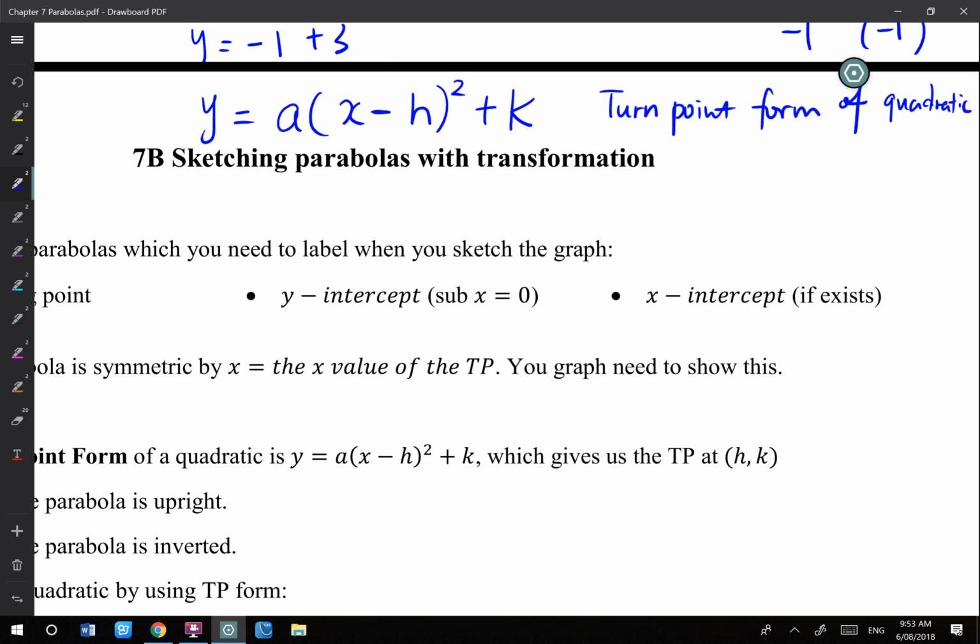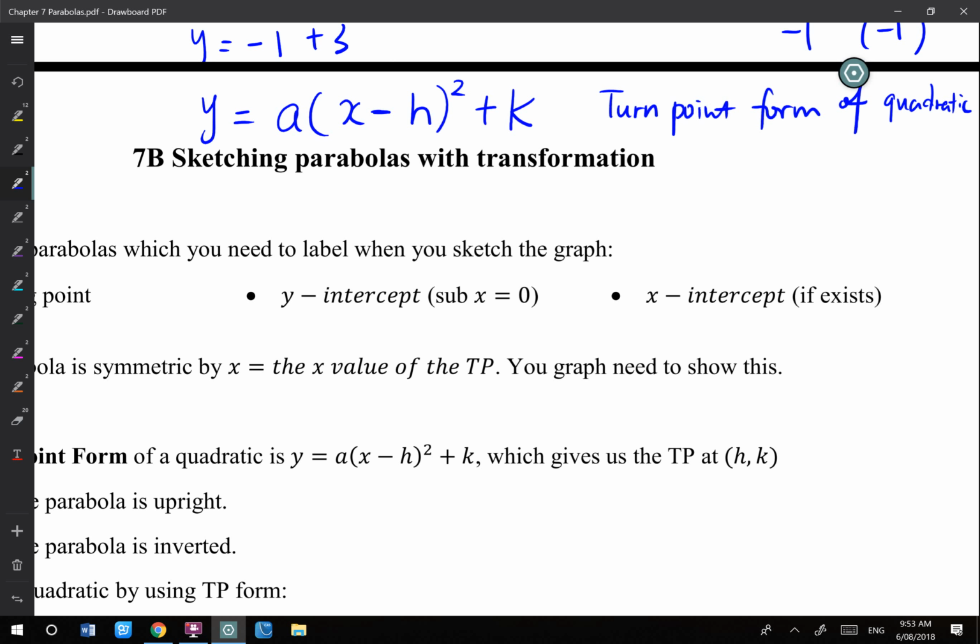So we'll start to sketch our quadratic equation by using this form. It is the most useful form to sketch a quadratic. So every time I'm trying to sketch a quadratic, I want to make it into this form first and then sketch. There are 3 forms for quadratic.